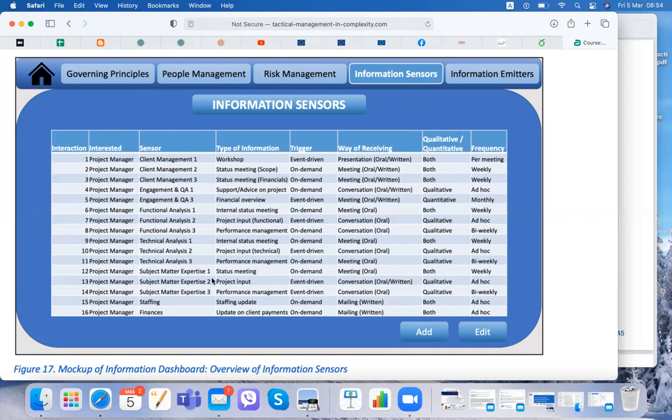Let me see something more specific. Status meeting, project input, staffing update. From staffing, we need a staffing update because there are many changes. Someone else is taking one of my people on my project to another project because the boss said so. So those things need to be sensed constantly. Otherwise, you wake up one morning with new people on your team, with the best ones taken from your team.